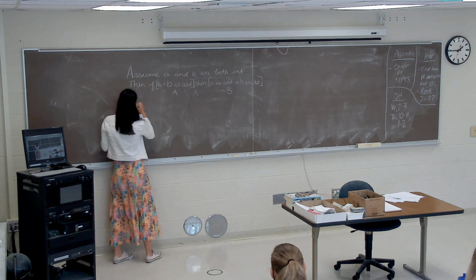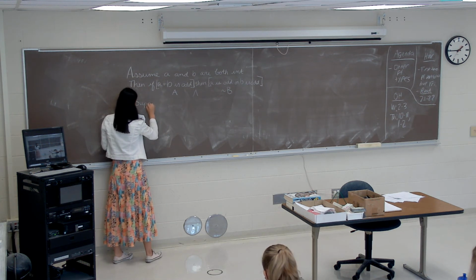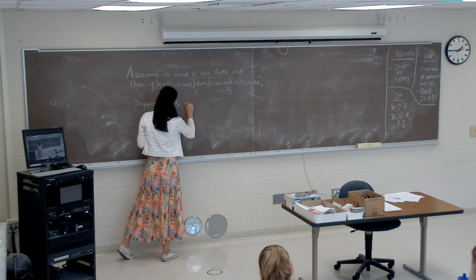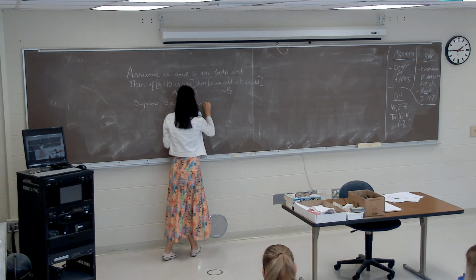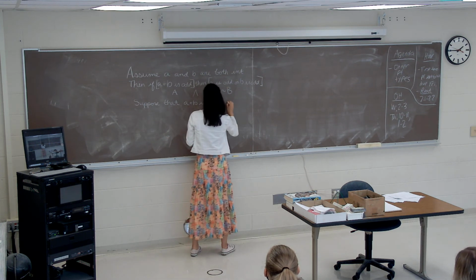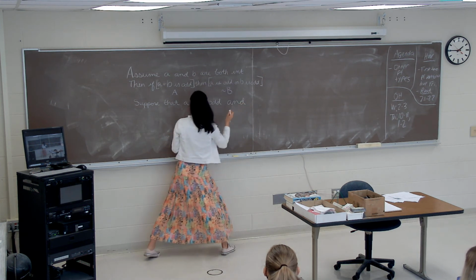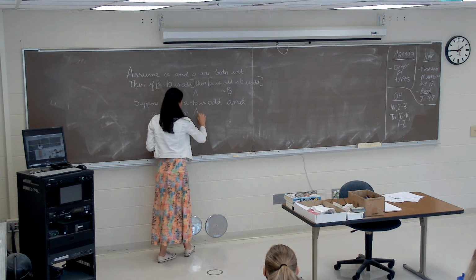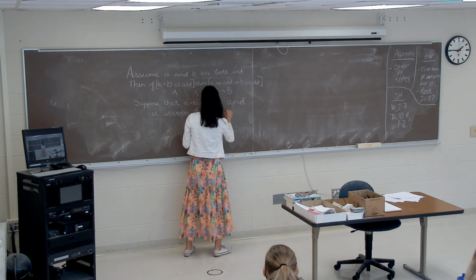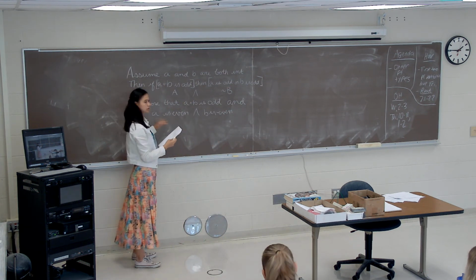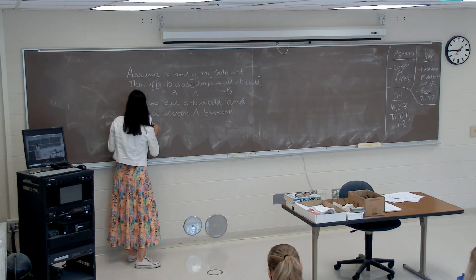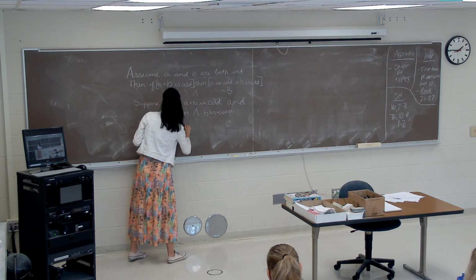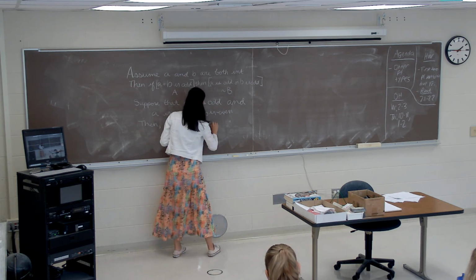So I started by supposing that A plus B is odd, and A is even, and B is even. And then I took these definitions and I wrote A equals 2N, where N is an integer.